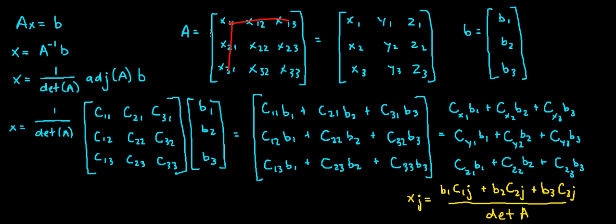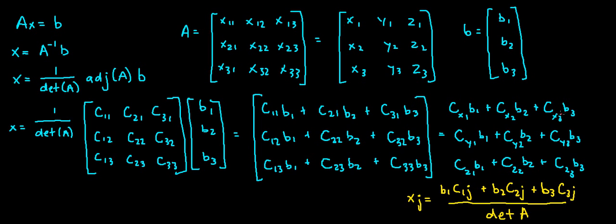The cofactor of x11, the cofactor of x21, the cofactor of x31. And then I'm going to multiply all those cofactors by their corresponding entries. So the cofactor of x11 by x11, the cofactor of x21 by x21, the cofactor of x31 by x31. And that will give me the determinant.